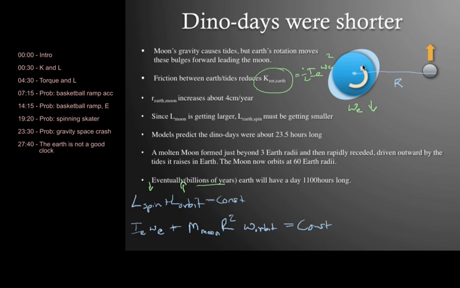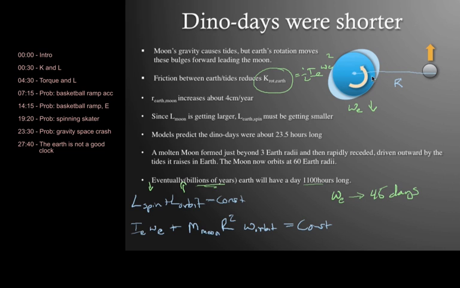But basically, this will stop when the moon is far enough away that each day, so omega of the Earth, this is how fast the Earth spins, basically means that a day is 45, well, current days long, or 1100 hours long. And what this will mean is that only one side of the Earth, so this side, will see the moon. The other side of the Earth will never see the moon again. But of course, we don't have to worry about this because this will be billions of years into the future.